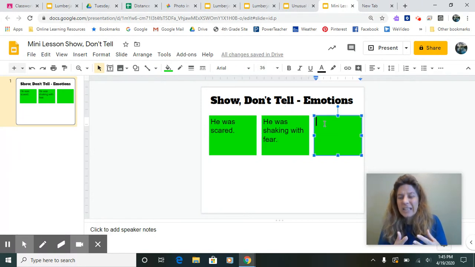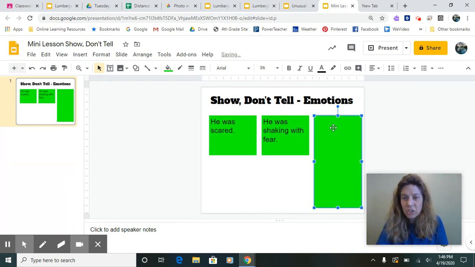But I'm going to go even further and I'm going to describe this. Now, I said my heart was pumping. I was shaking. My eyes were wide as I stared at whatever I was afraid of. So I'm going to use those three details. I'm going to probably need a little bit more space, so I'm going to just stretch this out.